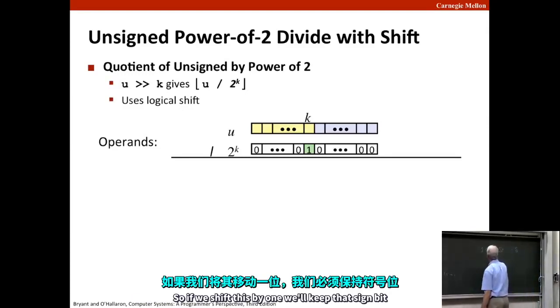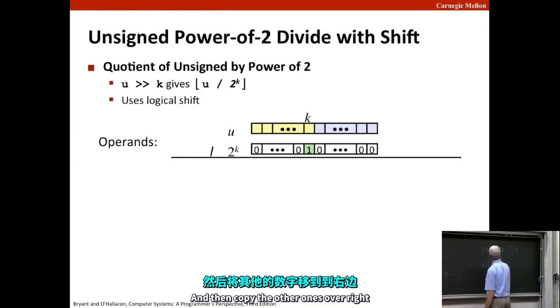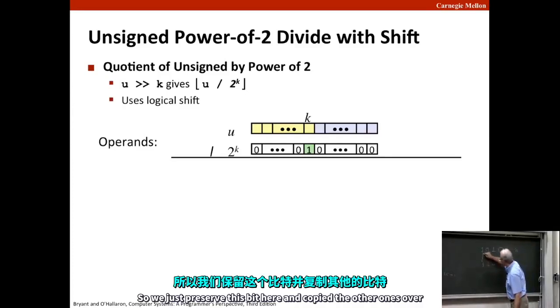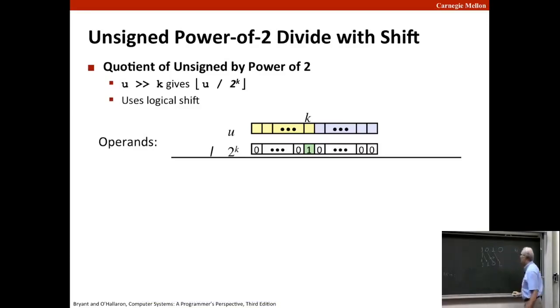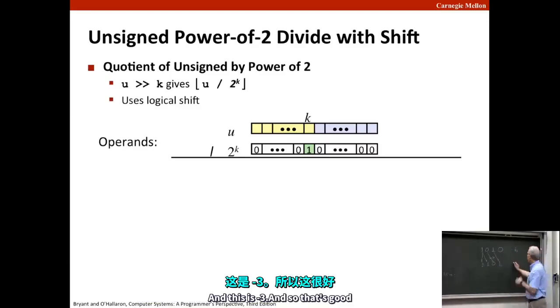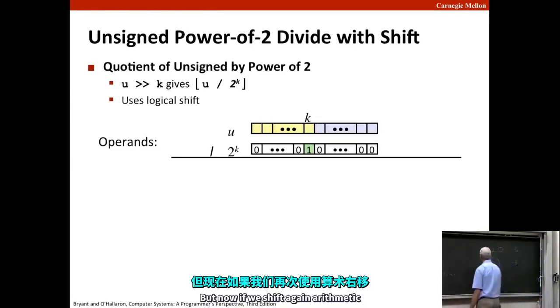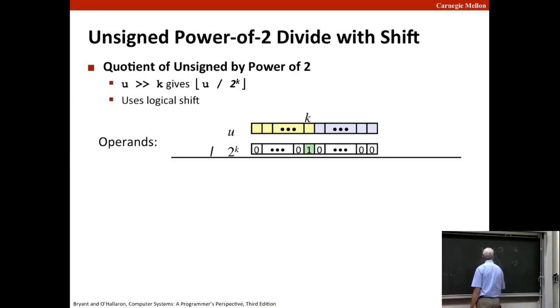So if we shift this by 1, we'll keep that sign bit and then copy the other ones over. Right? So we just preserved this bit here and copied the other ones over. And this is minus 3. And so that's good. But now if we shift again arithmetically, we'll get what?